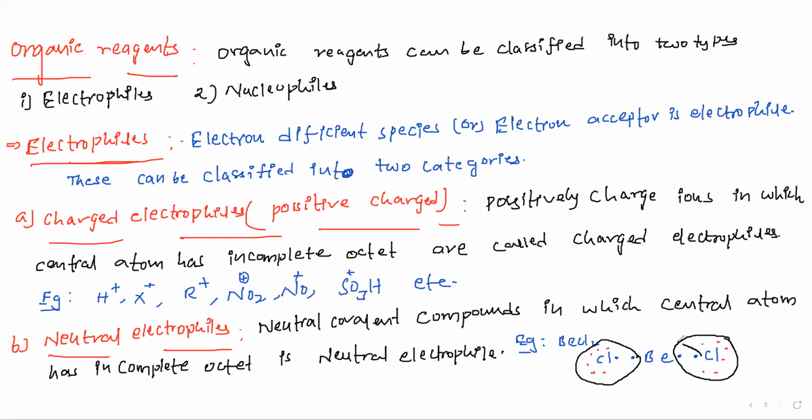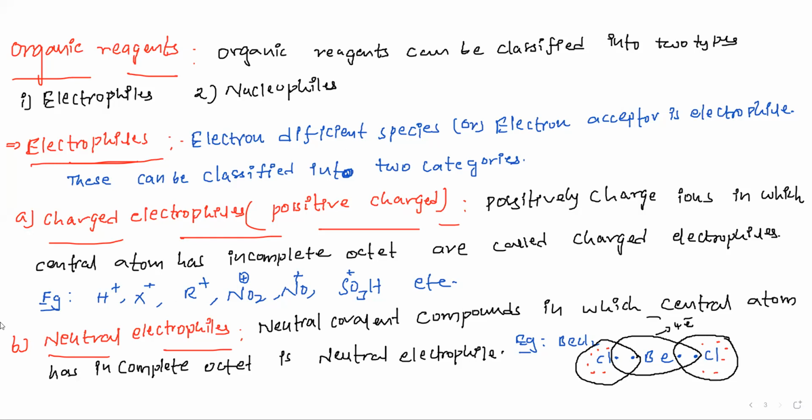But with respect to beryllium, it gets only 4 electrons. That means this is an incomplete octet. But this is stable according to hybridization theory; according to Lewis dots it is an incomplete octet. So such incomplete octet compounds are also called electrophiles, that is, neutral electrophiles. Is it clear?